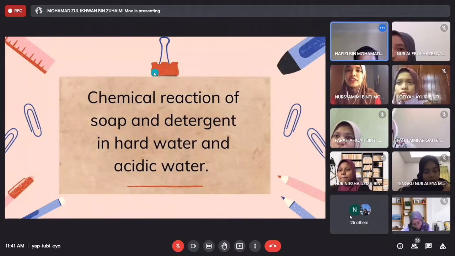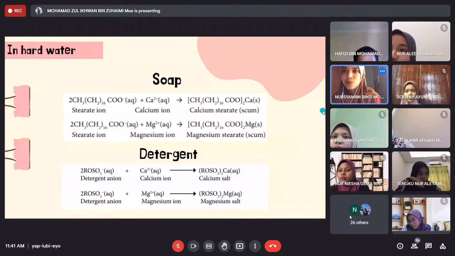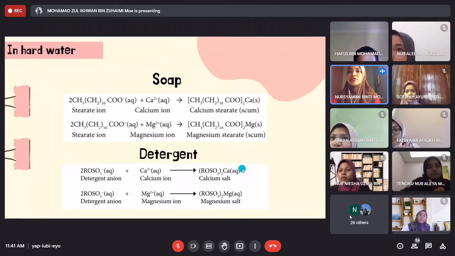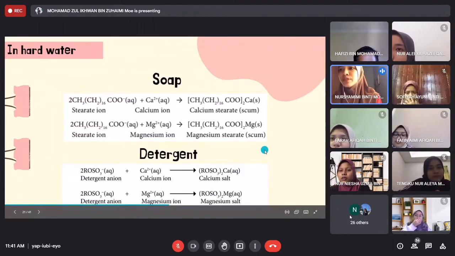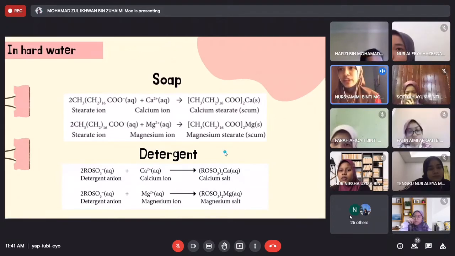Okay. Now we show the chemical reaction of soap and detergent in hard water and acidic water. This is the reaction in hard water for soap and detergent. As you can see, the soap will produce insoluble salt, which is known as scum, while detergent will not form solid.